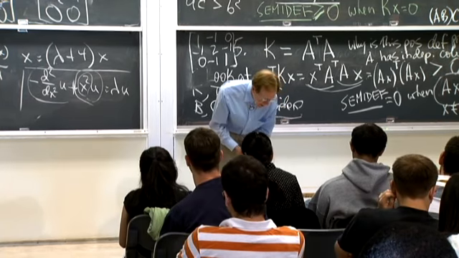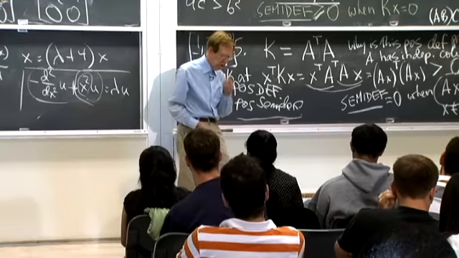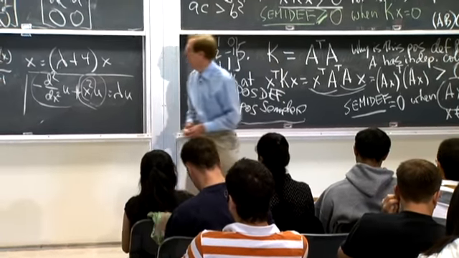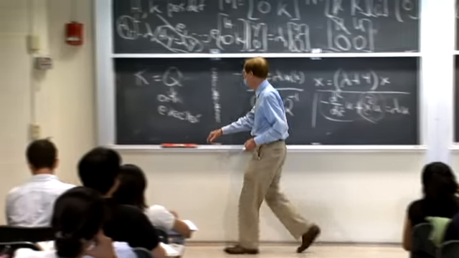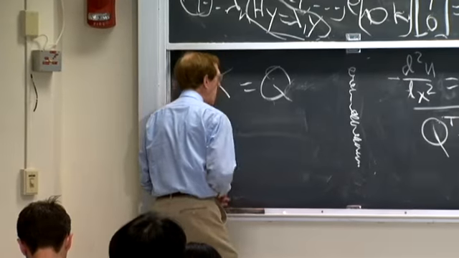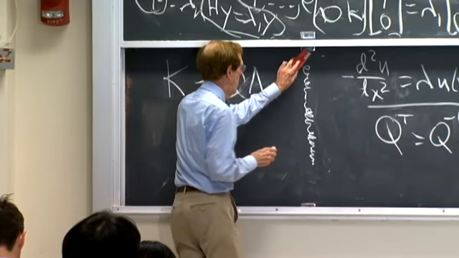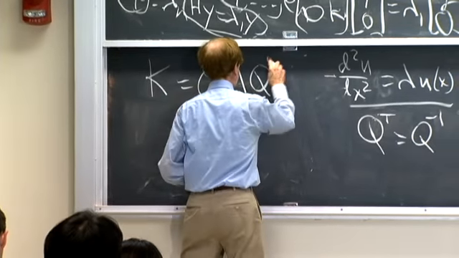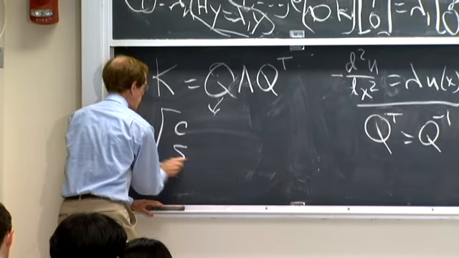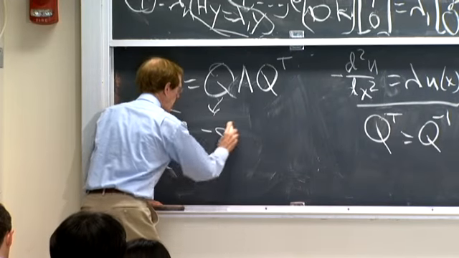Okay, without multiplying out the matrix, it's this Q lambda Q transpose. I'm telling you in that question what Q, lambda and Q transpose are. The Q is cosine, sine, minus sine, cosine.